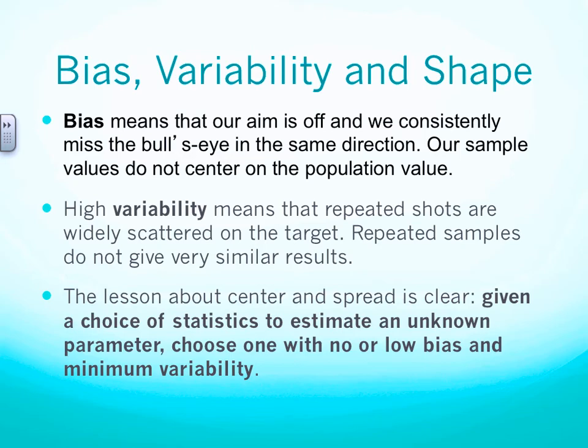And the lesson about center and spread is clear. Given a choice of statistics to estimate an unknown parameter, choose one with no or low bias and minimum variability. So we're going to start talking more specifics on two estimators. We'll start with proportions in the next video.